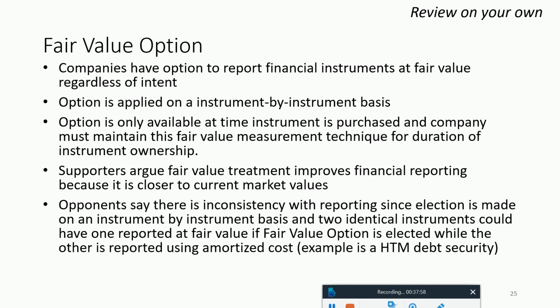However, held to maturity securities get recorded at their amortized cost or their historical cost. So companies do have an option to record all of their investments at fair value, and that option is applied on an instrument-by-instrument basis, but it has to be made or elected at the time that that instrument is purchased.